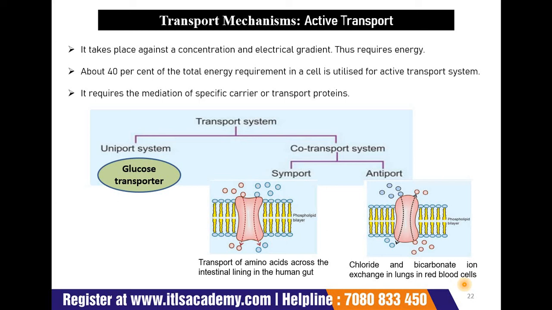In case of symport, the example is transport of amino acids across the intestinal lining in the human gut. For antiport, for example, chloride and bicarbonate ion exchange happens in the lungs or in the red blood cells. The other examples are D-glucose, D-galactose, amino acid transport, etc.